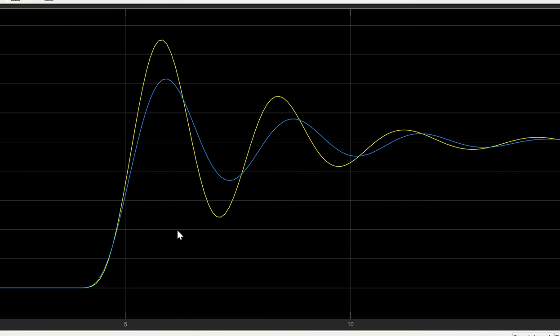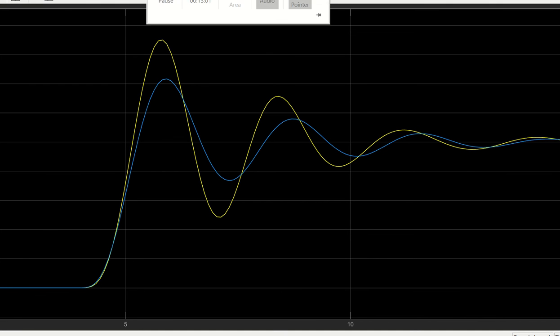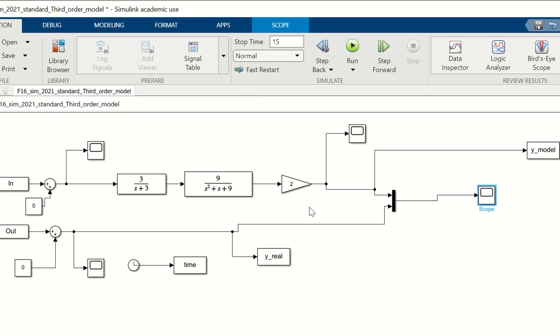So this time, it's not too bad, but it's still not matching very well. It's matching along here, not too bad, but the yellow one's still a bit off. This could be due to the damping ratio. The damping ratio on this one is down. Don't know why I didn't do that one next.